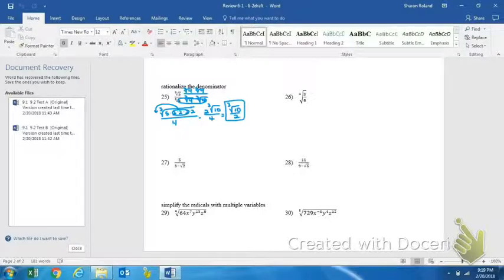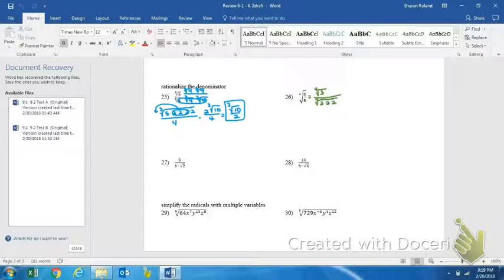Okay, on this next one, I'm going to do it just a little bit differently. I'm going to reduce first, and so this is going to be the 4th root of 3, and we know that 8 is the 4th root, and 8 is 2 times 2 times 2.